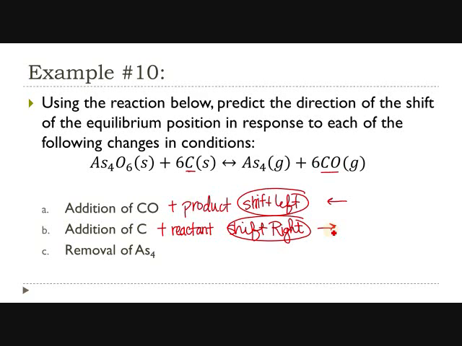Okay, and C, we're removing H2S. H2S is a product, so we're taking out some of the product from the system. And if we're taking some of that product out, we have to make more of it to go back to equilibrium. So the answer for C is that it will shift right. So remove, shift towards, add, shift away. This is how that all works.